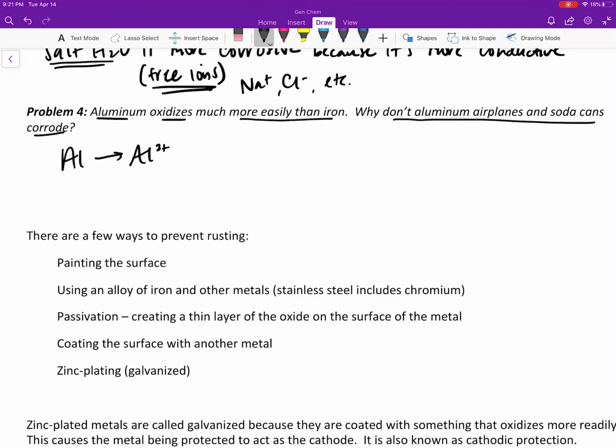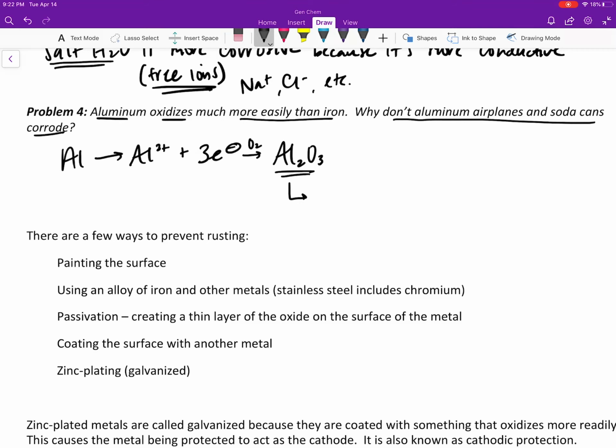This is the process in which aluminum would rust, if you called it rust, in the presence of oxygen, and it makes aluminum oxide. So with airplanes, they oxidize the aluminum beforehand and then use that material, which is much stronger, in the construction of airplanes and soda cans.